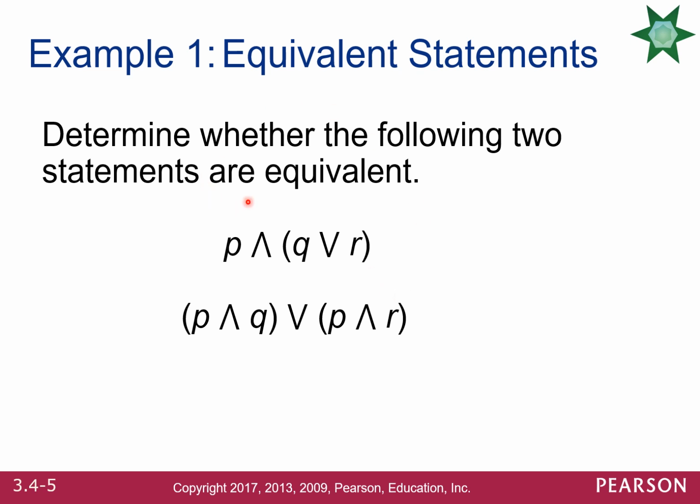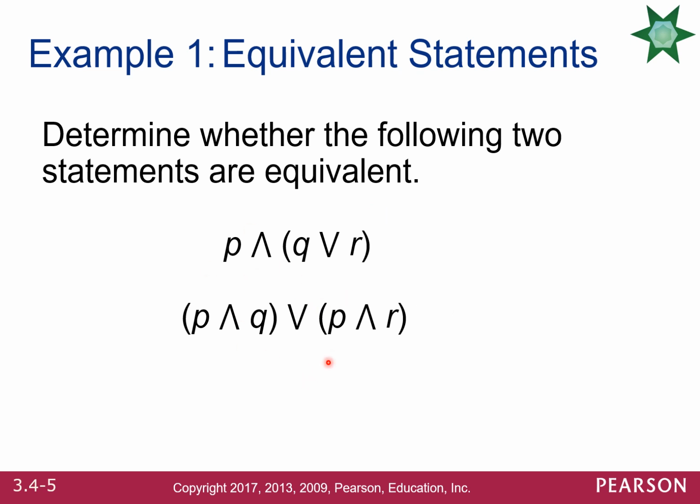Now here's an example to determine whether the following two statements are equivalent. The two statements given to us: the first one, P and within brackets Q or R, and the second one, within brackets P and Q, or P and R. So the process of identifying whether the two statements are equivalent or not is to first create the truth tables for each of these statements.